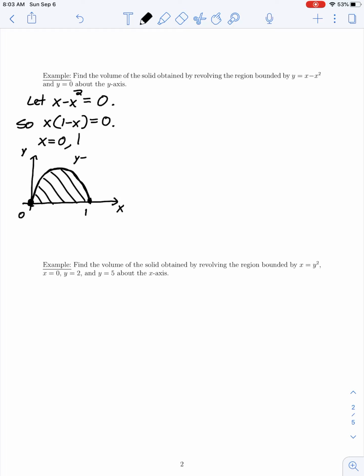So this curve is x minus x squared. We had the x-axis as the lower bound, and the intercepts were at x equals 0 and 1. So we want to take this region and revolve about the y-axis and determine the volume of the resulting solid.